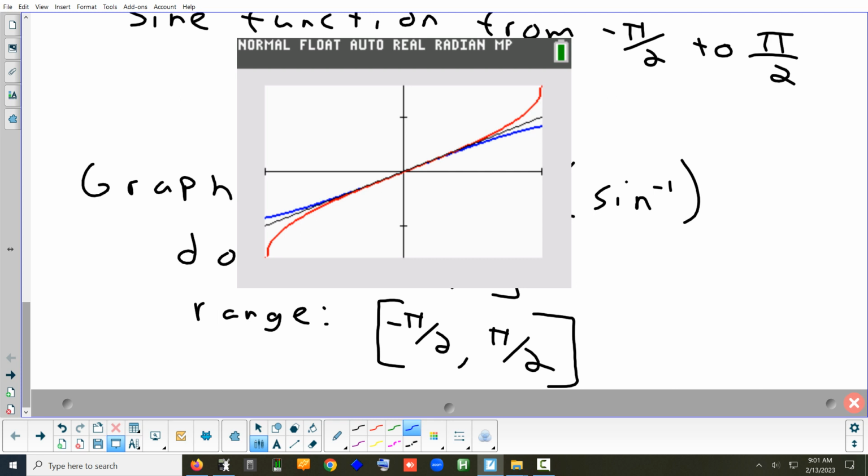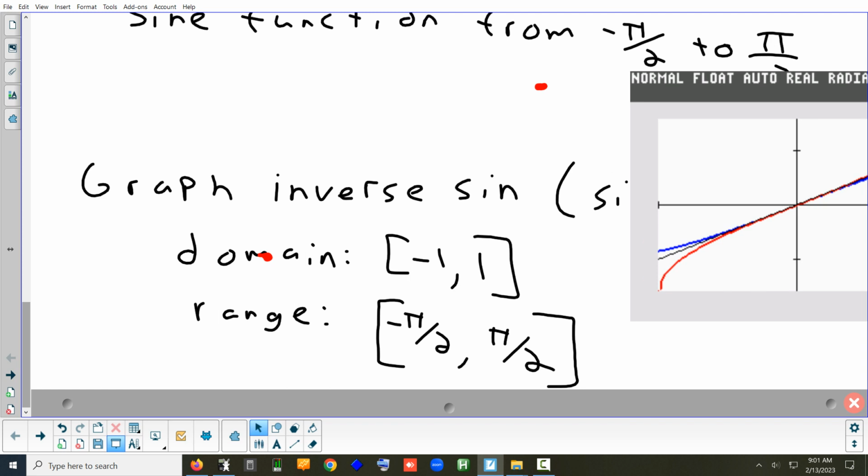Okay, so what's in red is the graph of inverse sine, and it does not go beyond the edges of those dots. That's the entire picture right there. It stops. So any question on where those domain and range come from?